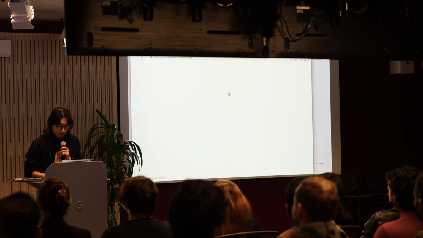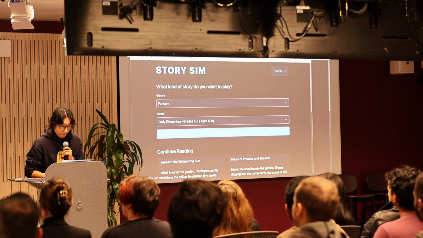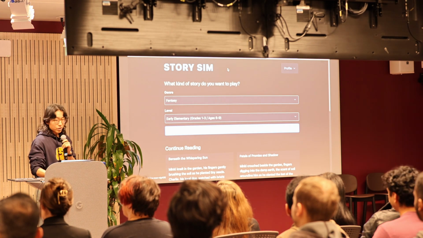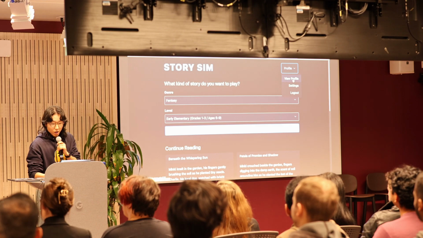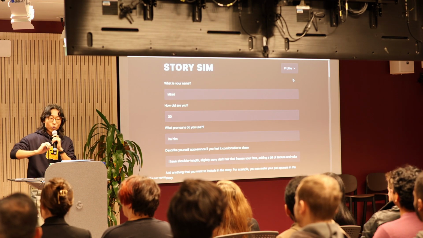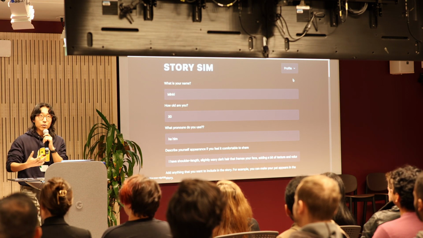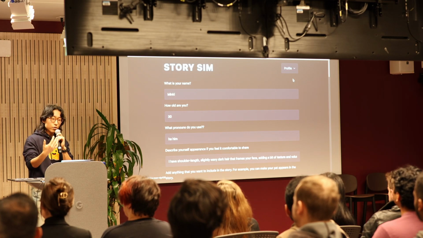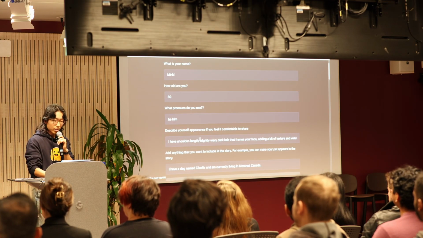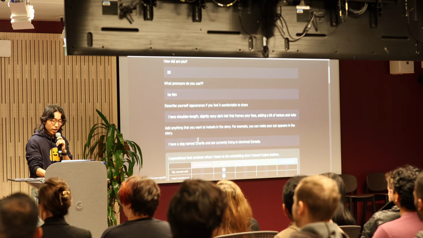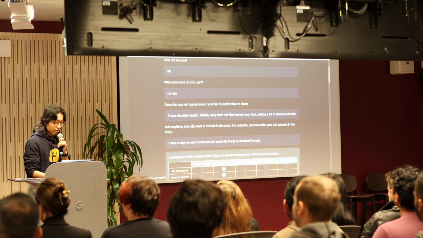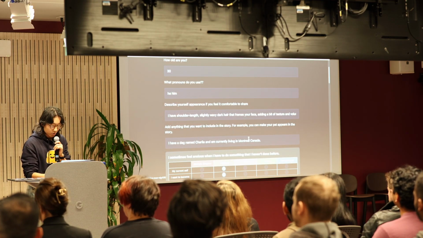So let me show the demo. This is the home page. Before starting, I wanted to make my personality. I put my name, age, pronouns, and I describe my appearance and anything that I wanted to add. I have a dog, Charlie, and I live in Montreal.